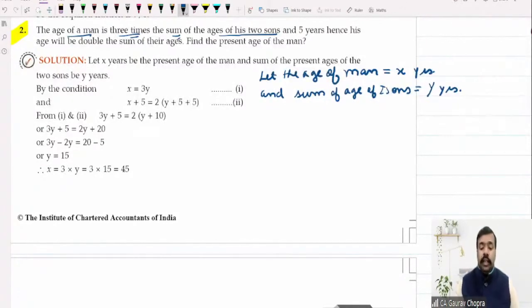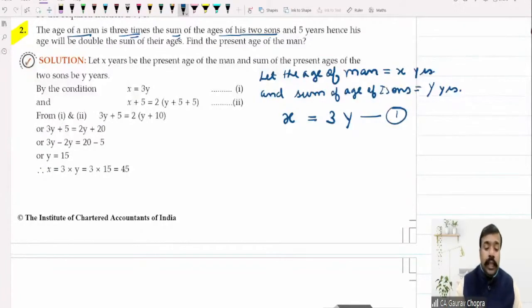So we are given that the age of man is equal to 3 times of the sum of his sons' age. So y is the sum, and we are multiplying the sum with 3. So age of this man is equal to 3 times of the age of their sons. So this is the first equation.